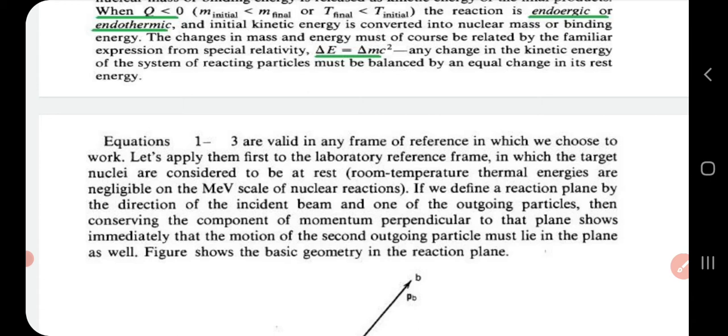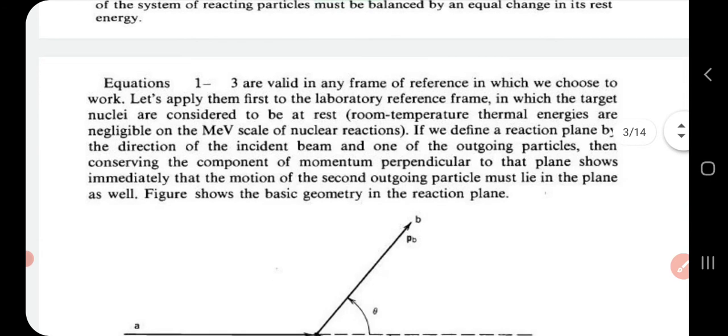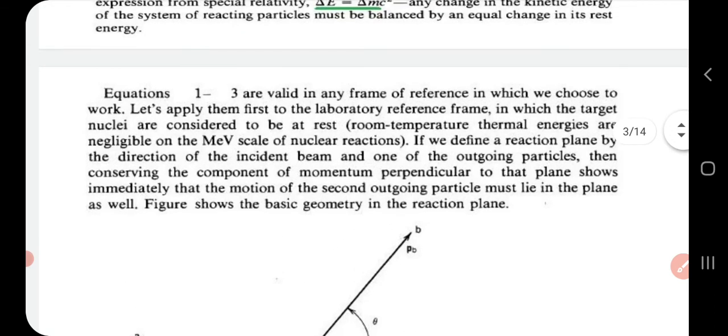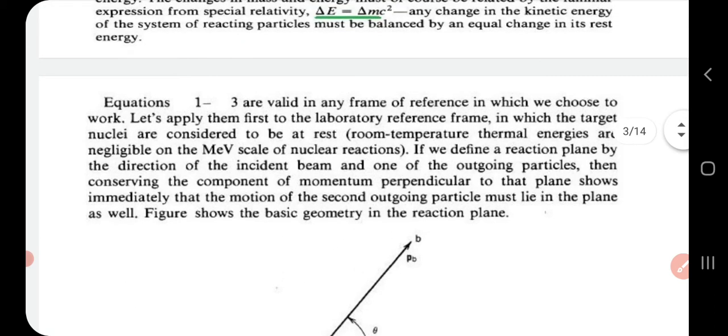If we define a reaction plane, as shown in the figure, by the direction of the incident beam and an outgoing particle, then conserving the component of momentum perpendicular to that plane shows that the motion of the second outgoing particle will lie in the plane itself.